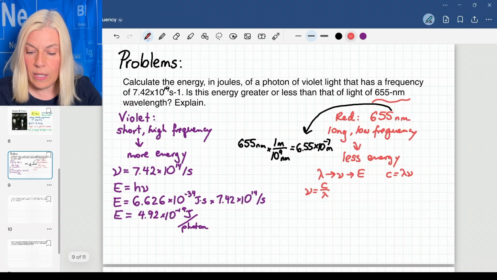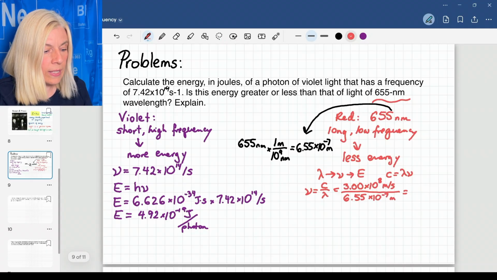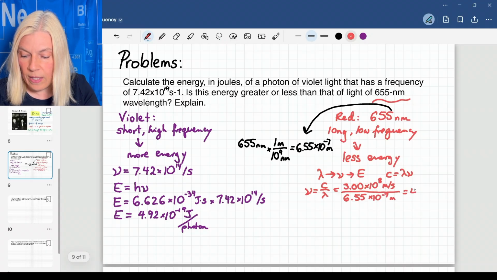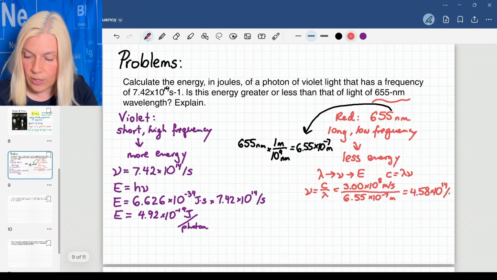So now I can quickly plug this in. So I have 3.00 times 10 to the 8th meters per second divided by 6.55 times 10 to the negative 7 meters. And if I do that, I'm going to get my frequency will be 4.58 times 10 to the 14th per second.